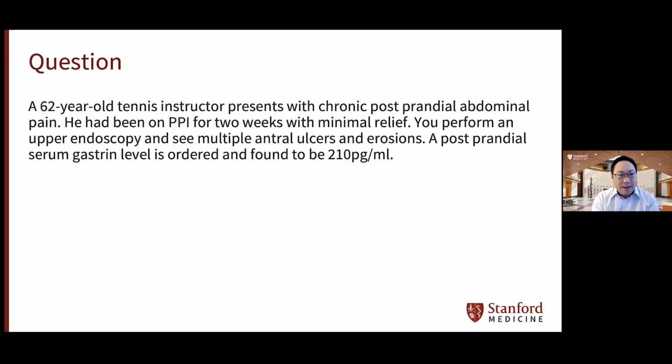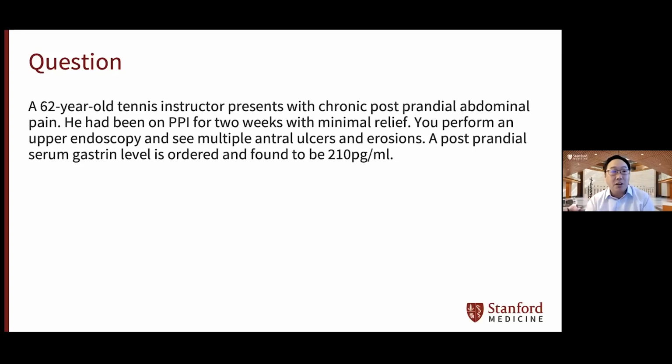If you are worried about a gastrinoma, that would be the right answer. But in this scenario, he does not present with anything that would clinically resemble a gastrinoma, because the ulcers are in the antrum. Typically with Zollinger-Ellison syndrome, a gastrinoma, you're going to have ulcers that are in the duodenum and not just the stomach.